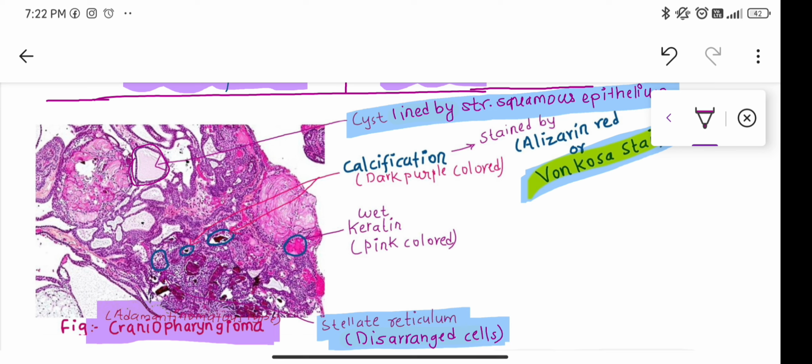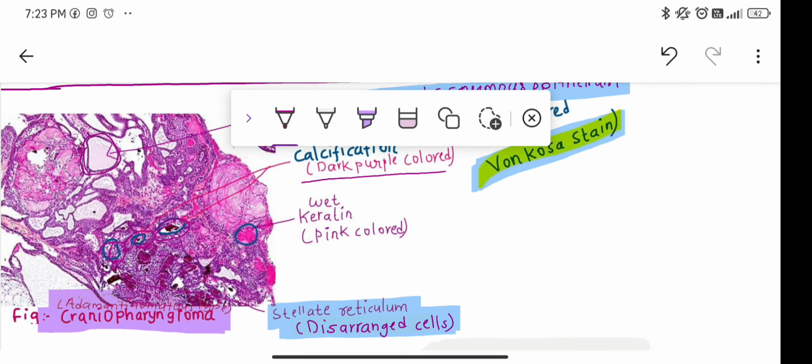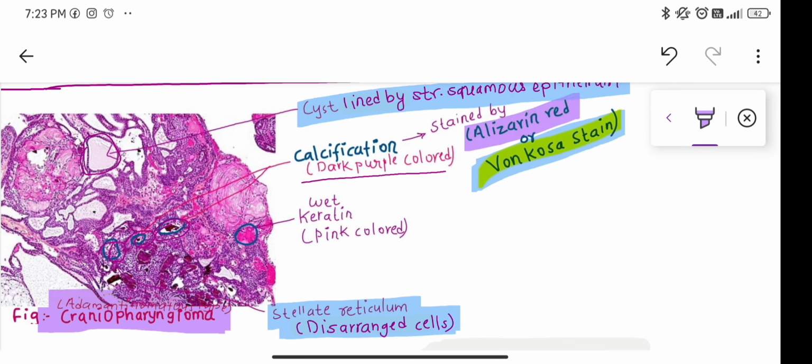Now you can see the dark purple areas; these are the areas of calcification. The most important stain is also asked: von Kossa stain or alizarin red stain can be used for calcification. That is important, right? Von Kossa stain or alizarin red.